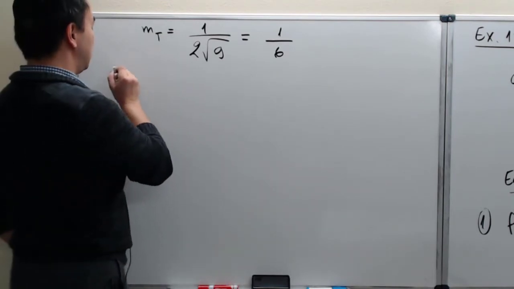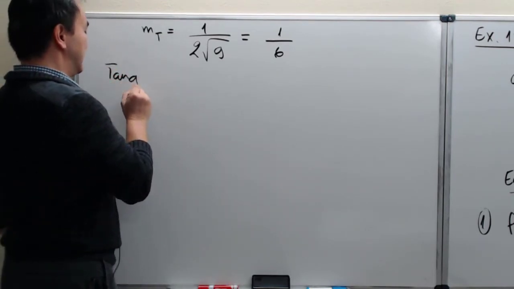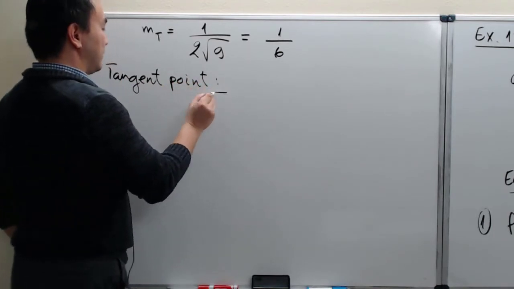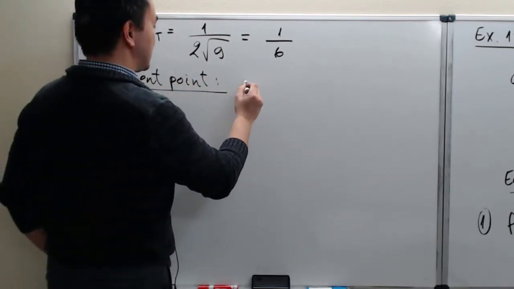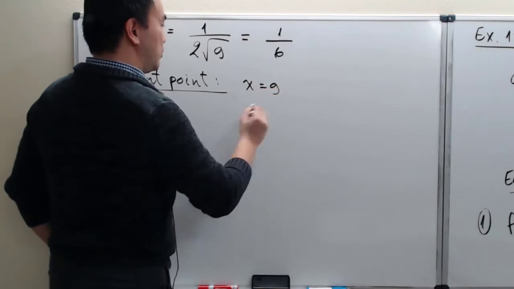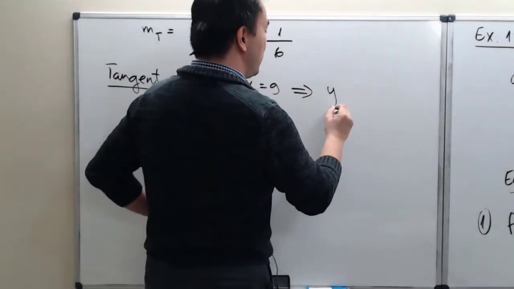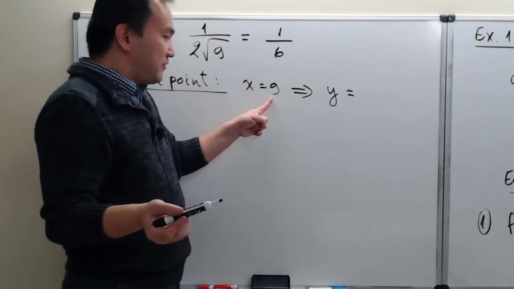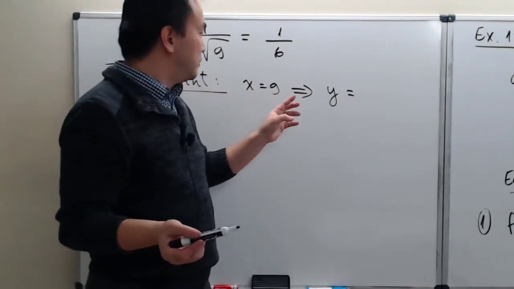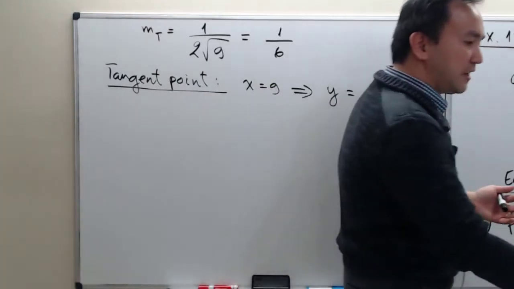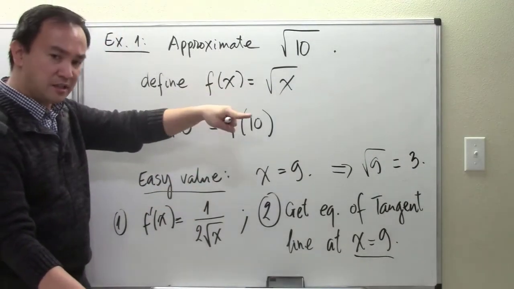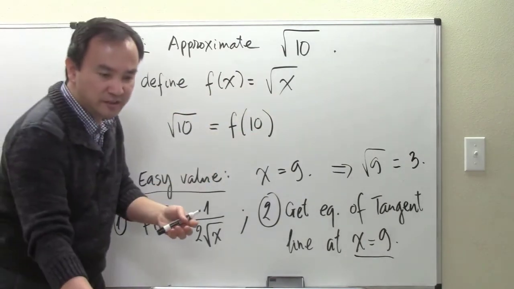So that means now our tangent point, and of course we're finding the tangent point at x equals 9. So when x equals 9, and this is just repeating our previous understanding, we take the value for x and substitute that into the original function, not the tangent line, because we haven't even found the equation of the tangent line yet.